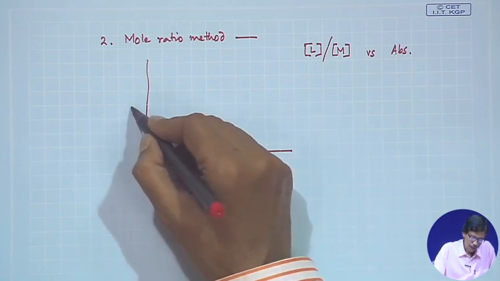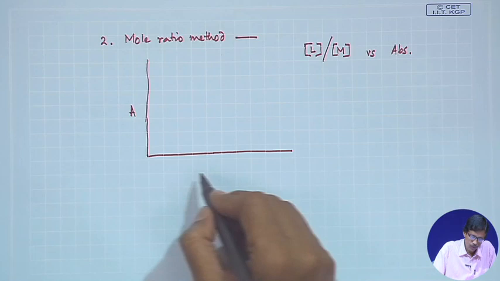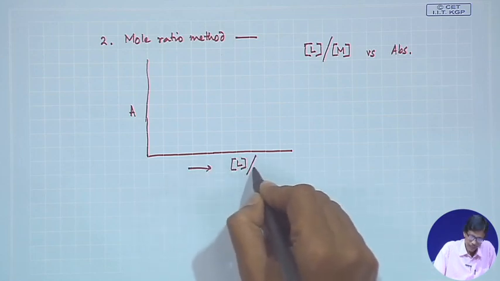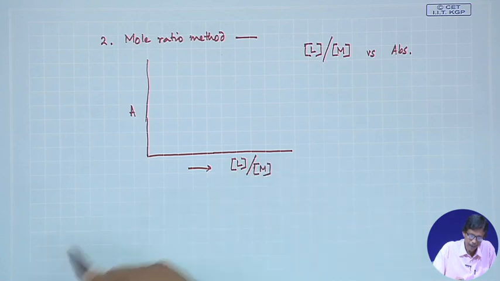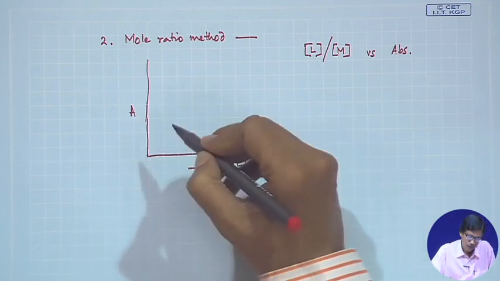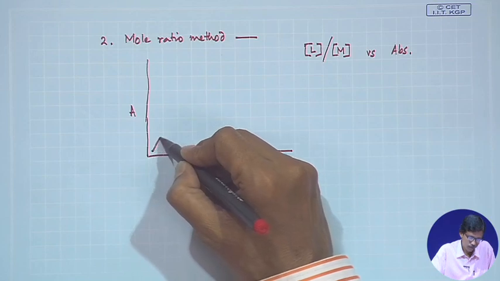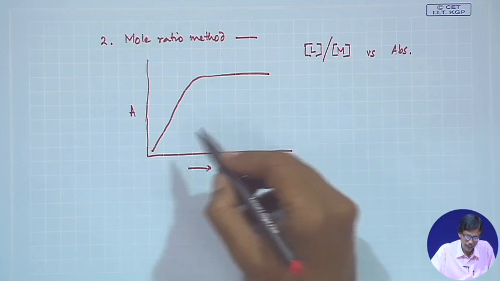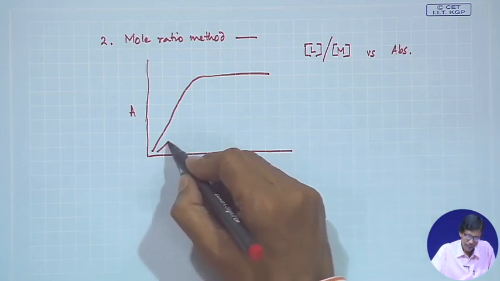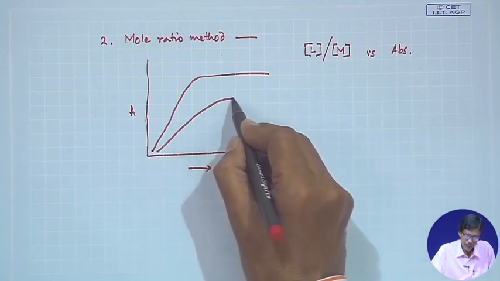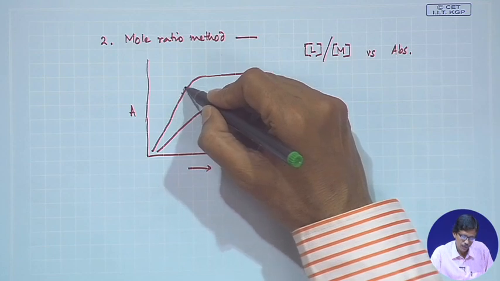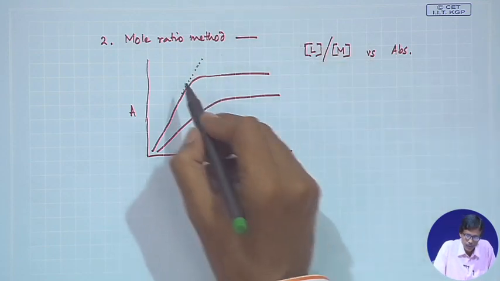So, we plot absorbances against moles of L by moles of M. In one particular case we get a plot like this, and in another case it is something like this. These are the two cases of specific examples where we extend these two parts.